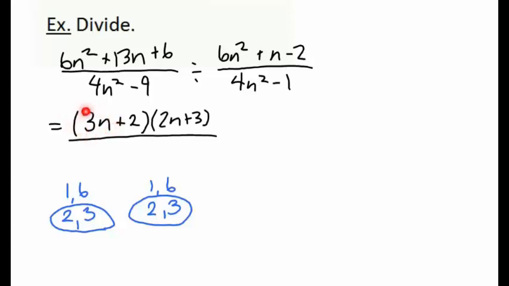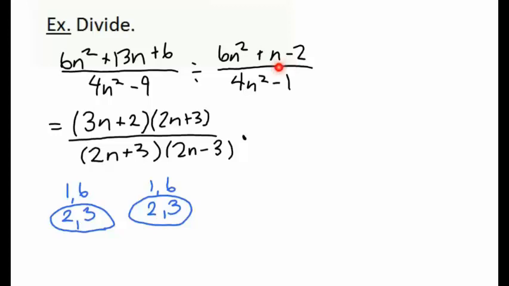We need our 3n times 3 to give us 9n, and our 2n times 2 to give us 4 more n for 13 altogether. The denominator of our first fraction, 4n squared minus 9, is a difference of squares, so we can factor this one as 2n plus 3 and 2n minus 3.